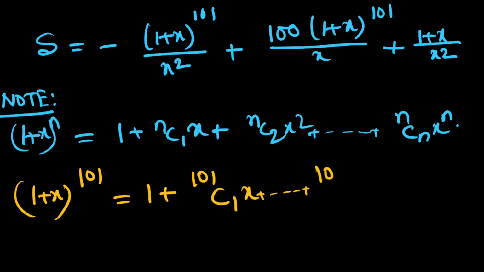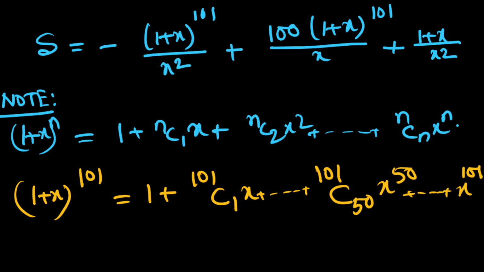We find the coefficient of x power 48, and here it is divided by x square, so we need to find the coefficient of x power 50. So x power 50 is 101C50 x power 50 and the last term is x power 101. And we find the coefficient of x power 48 from here, so it is divided by x, so we need to find the coefficient of x power 49 from here.